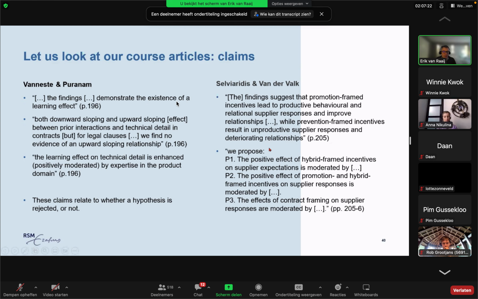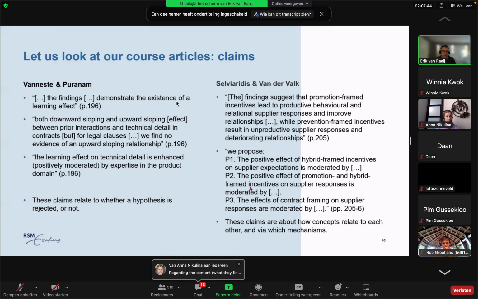And they formalize it very clearly in propositions. So the claims are then formalized in a proposition 1, proposition 2, and proposition 3. So these are very clearly claims about how concepts relate to each other. So it's either theory building or theory elaboration. And yeah, we chose these 2 articles on purpose.